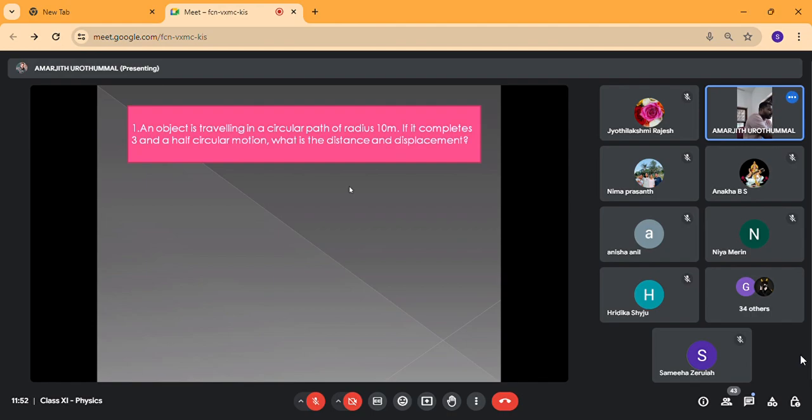Any answer? An object is traveling in a circular path of radius 10 meter. If it completes 3.5 circular motions, what is the distance and displacement? That is the question.